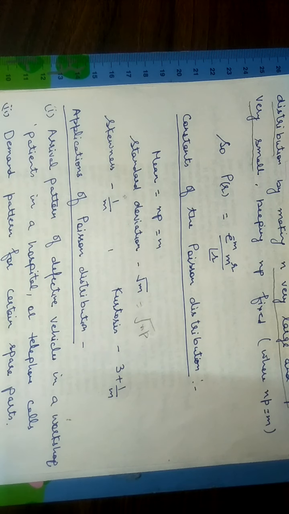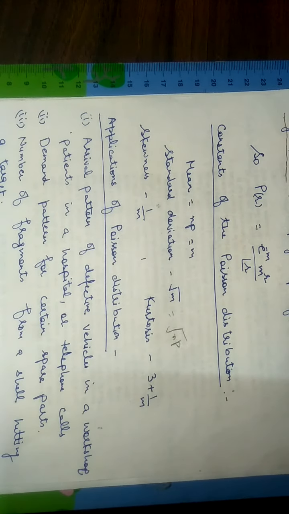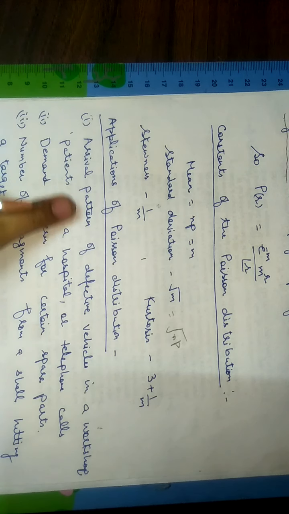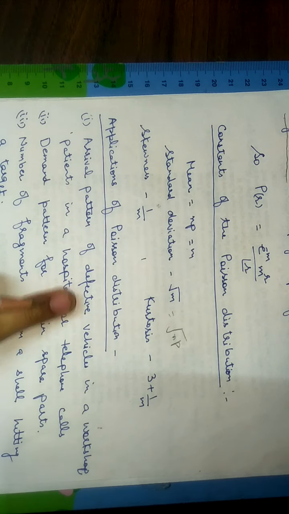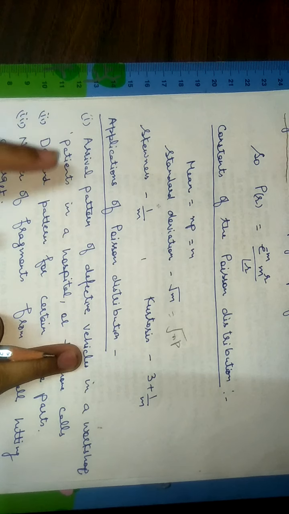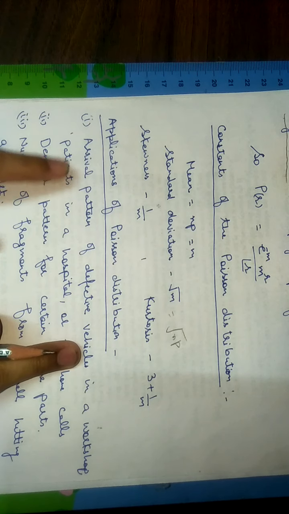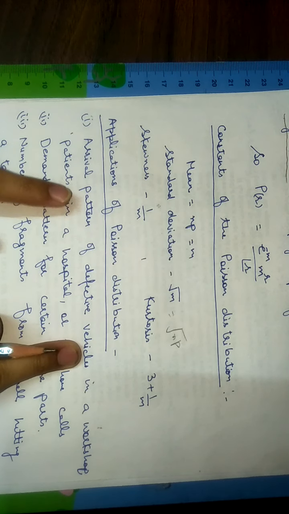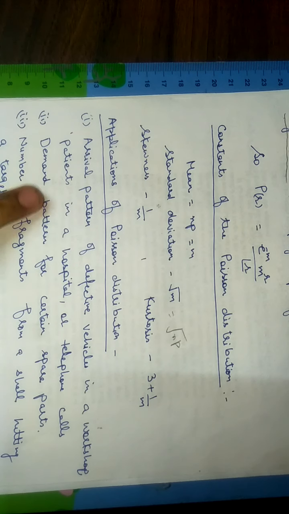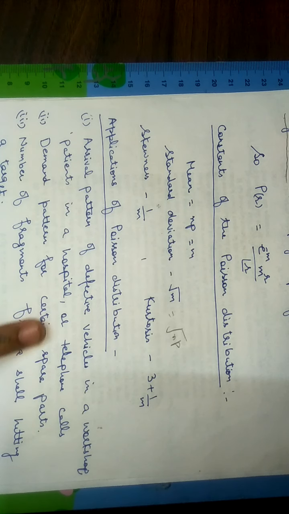Next is applications of Poisson distribution, where we use the Poisson distribution. First, arrival pattern of defective vehicles in a workshop, patients in a hospital, or telephone calls.